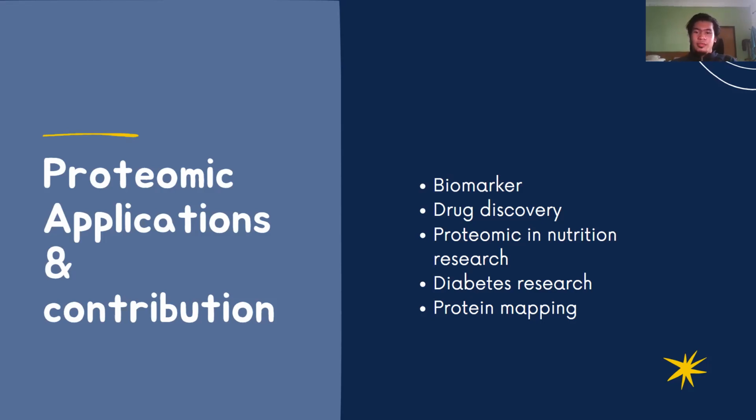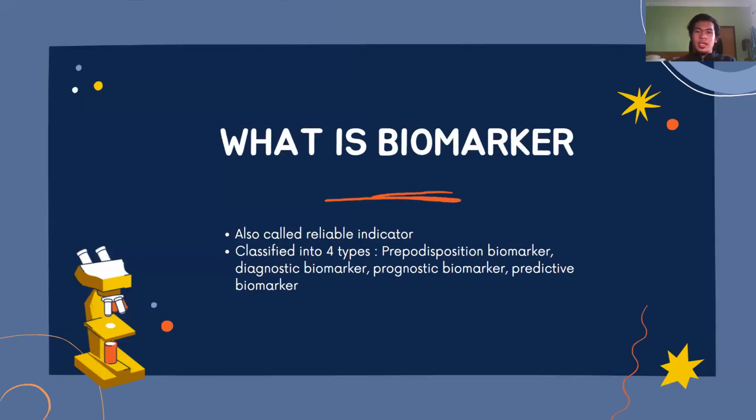So let's start with the first application that we get from proteomics, which is the production of biomarker. So actually, what is a biomarker? A biomarker is what we call a reliable indicator, which comes in four types: predisposition biomarker, the second one is diagnostic biomarker, the third one is prognostic biomarker, and the fourth is predictive biomarker.